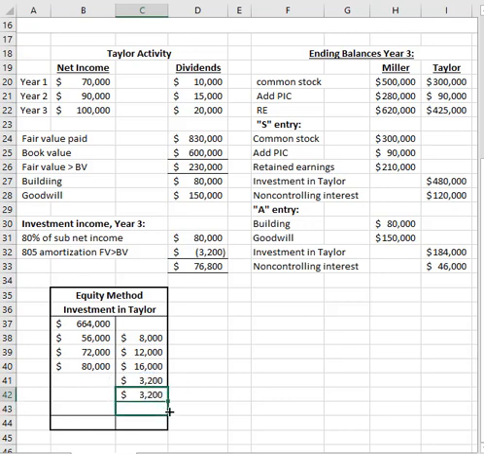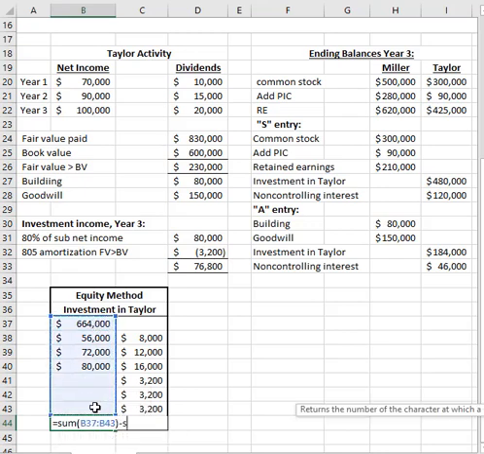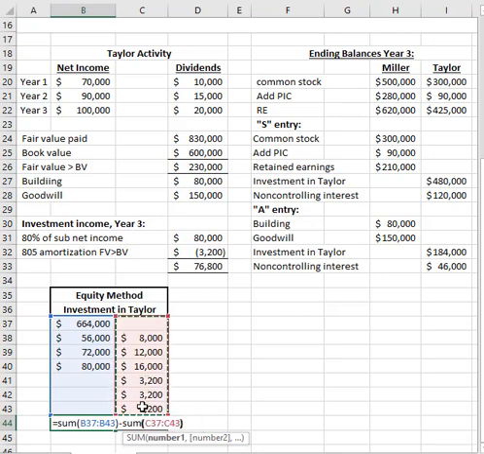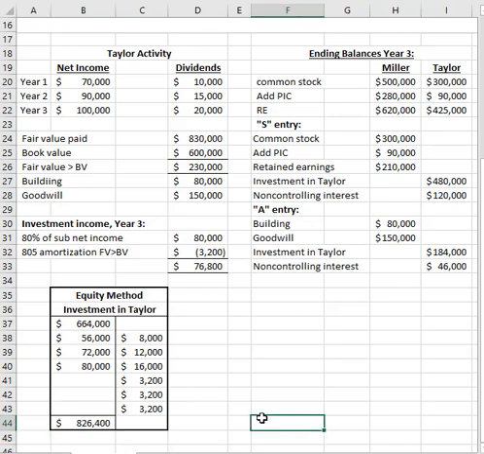It's going to happen in year 1, year 2, and year 3. So the investment account at the end of all this, sum of all the debits minus the sum of all the credits, is going to be $826,400. So that's all 3 years together.